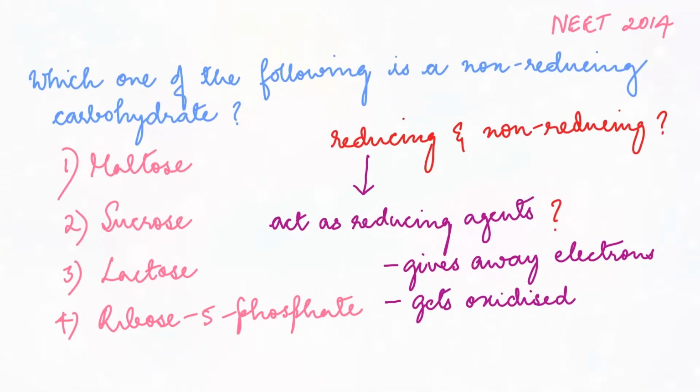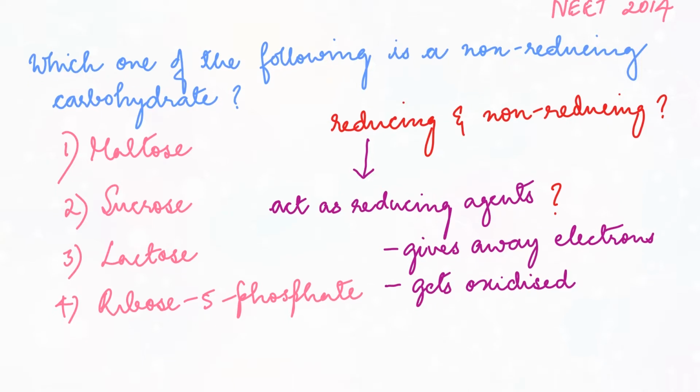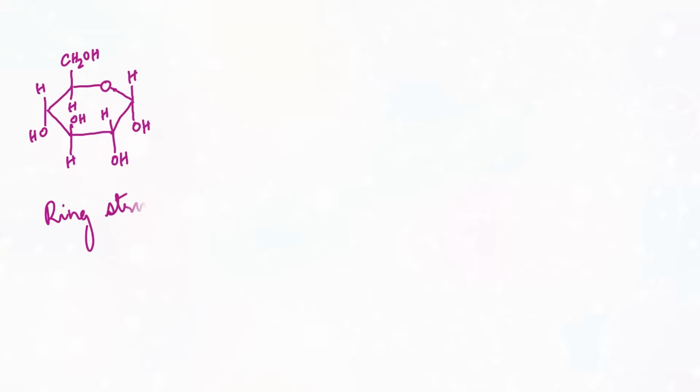Now let's go back to the question. So is maltose a reducing or a non-reducing sugar? Let's look at its structure. So first of all, maltose is made up of glucose. Here is the ring structure of the glucose molecule. And as you can see, this is the aldehyde group, the CHO group.